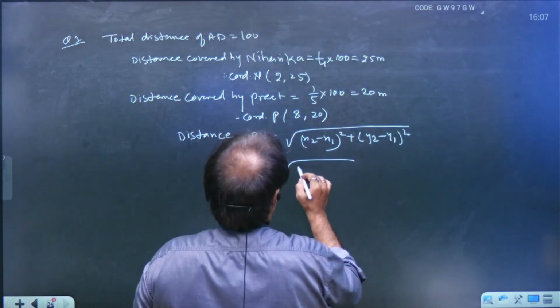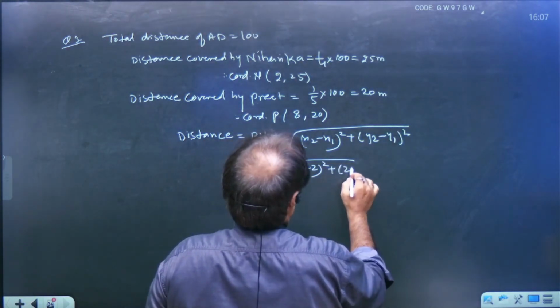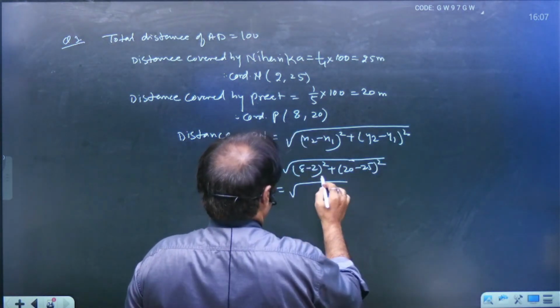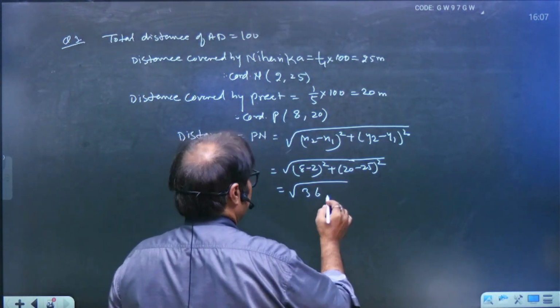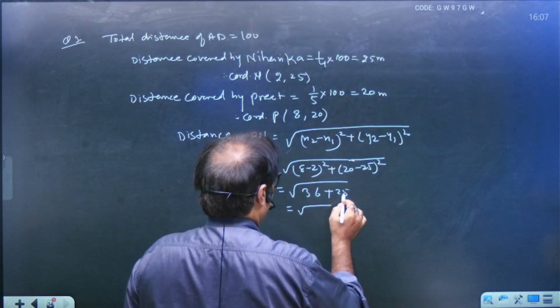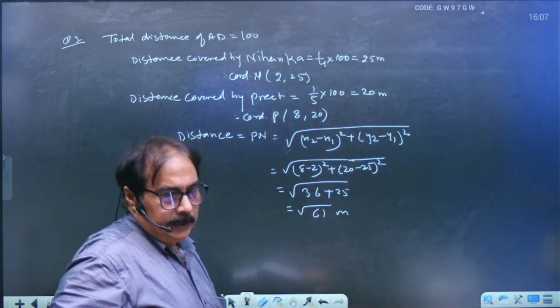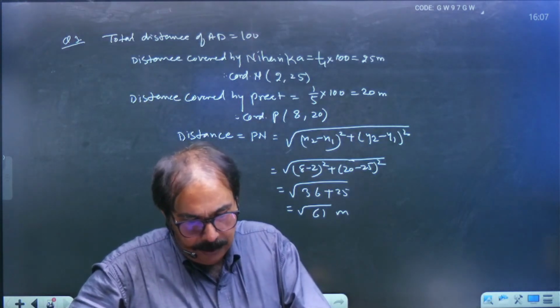So (8 minus 2) whole square plus (20 minus 25) whole square. So 8 minus 2 is 6, square 36, and 20 minus 25 is minus 5, square 25, and finally it is 36 plus 25, 61. So root over 61 meters, this is the distance between both the flags.